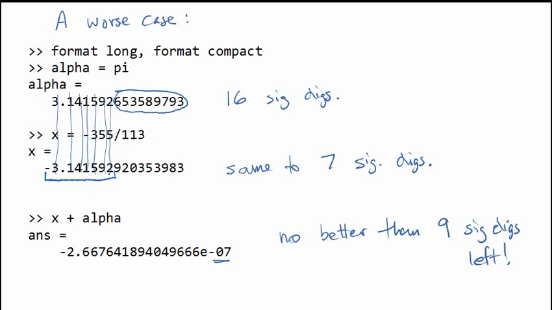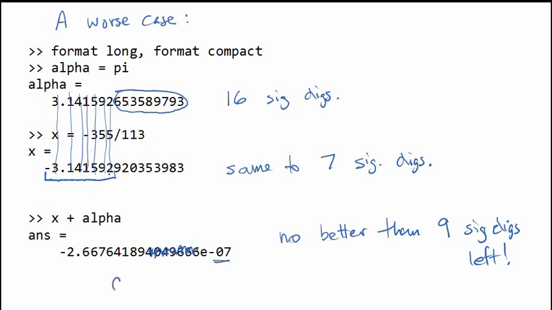In other words, yes, the number is represented still to 16 significant digits, but I know that at least, or perhaps as many as 7 of them are utter garbage. They can't possibly be correct because the original computation didn't even know pi to more digits than that.